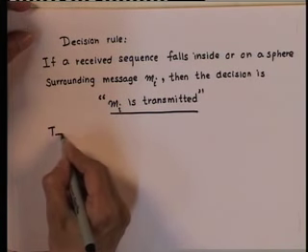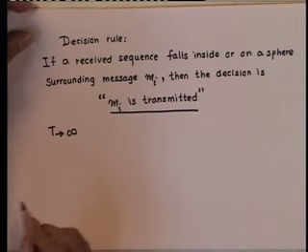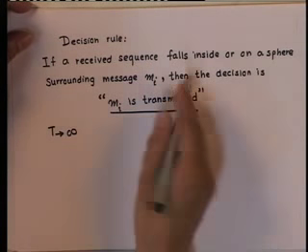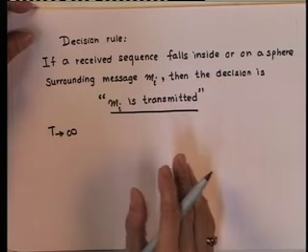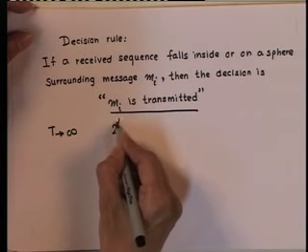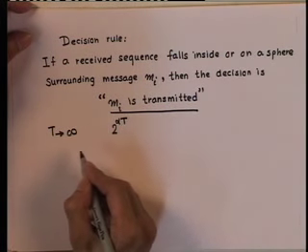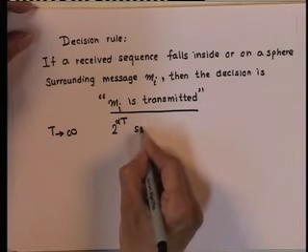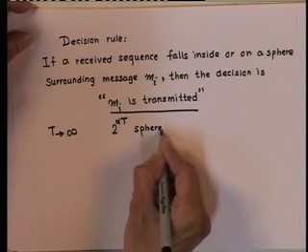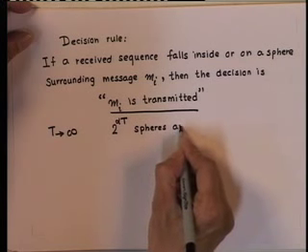Now, if t tends to infinity, the decision will be without error if all the 2 raised to alpha t spheres are non overlapping.